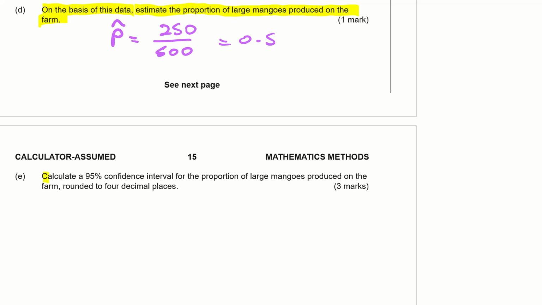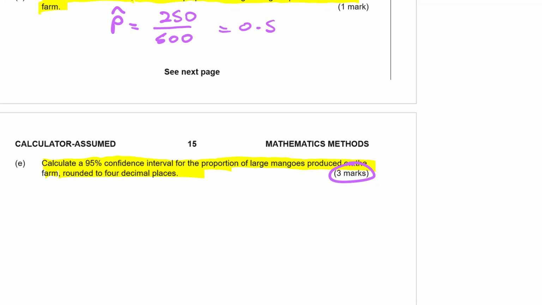And then we want to calculate a 95% confidence interval for the proportion of large mangoes produced on the farm, rounded to 4 decimal places. Now note there's 3 marks here, so we really need to show some working.